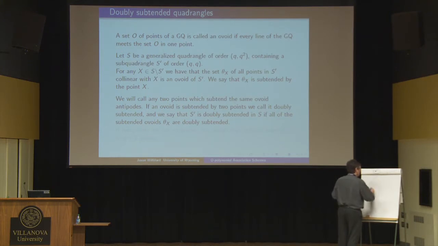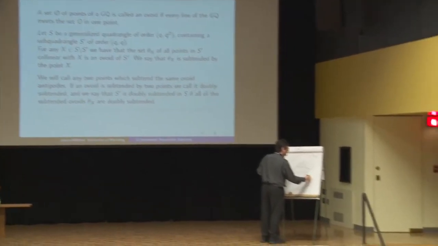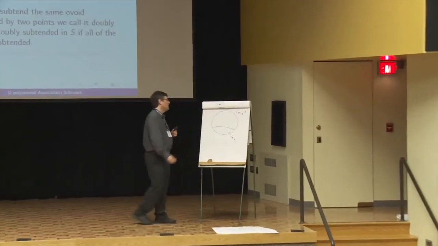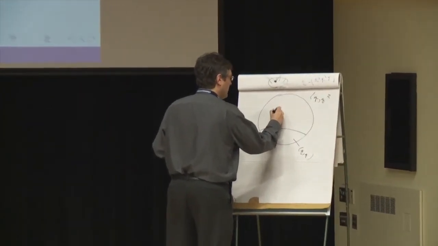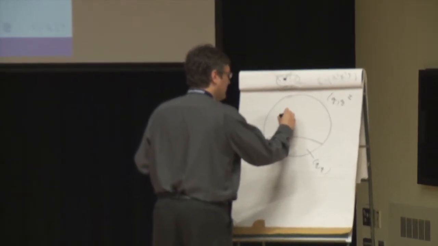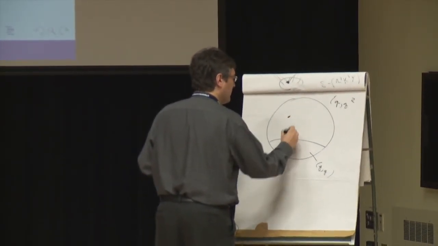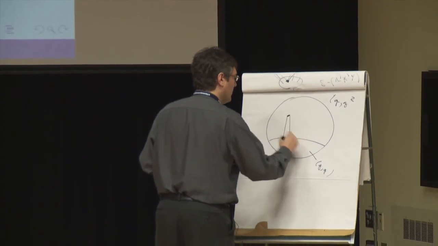Take a generalized quadrangle of order q squared and take a subquadrangle of order q down here. And we say it's doubly subtended. So first of all, you can show that if you take all the points here and you take the points collinear with this point, they form what's called an ovoid.